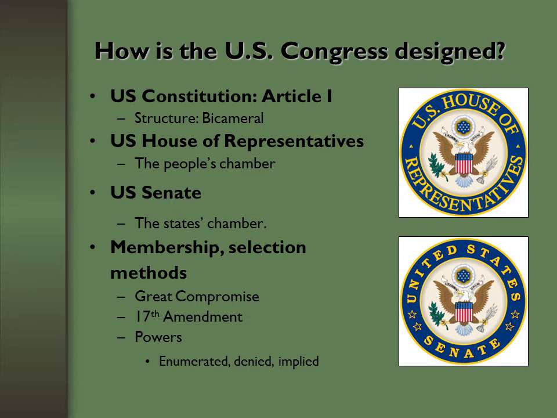And last but not least, at the end of Article 1, Section 8, there is a clause that says that Congress can, quote, "make all laws which shall be necessary and proper for carrying into execution the foregoing powers," unquote.